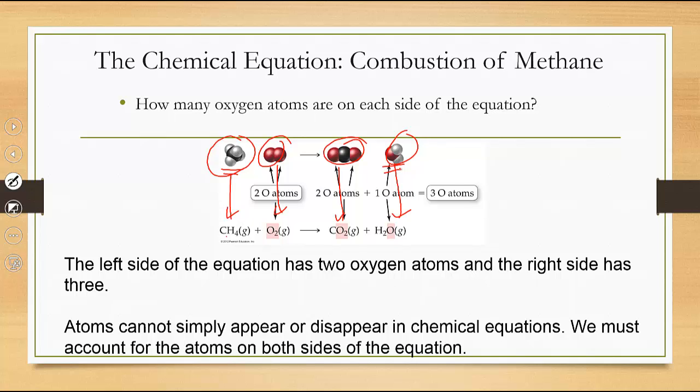That follows the law of conservation of mass, or the law of conservation of matter. Both generally say the same thing, that the left has to equal the right. Kind of like a mathematical equation with an equal sign between them. Atoms don't just disappear, they don't just appear, they come from somewhere. And that's what we're trying to show here.